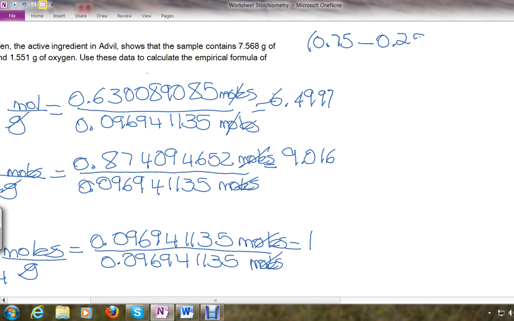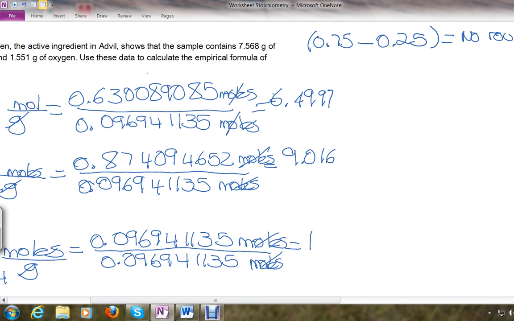If it's greater than 0.25 and lower than 0.75, you cannot round it. No rounding.